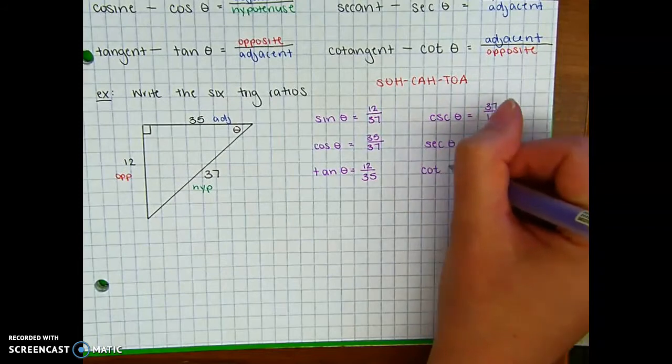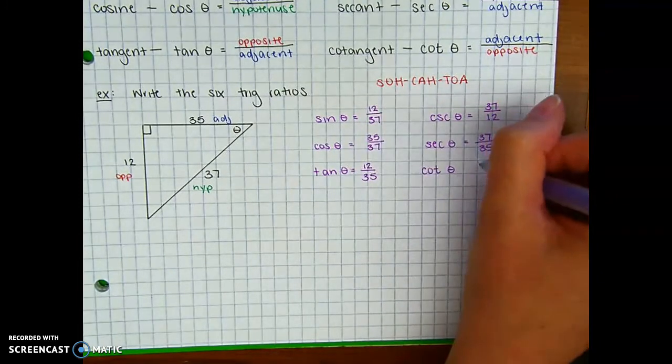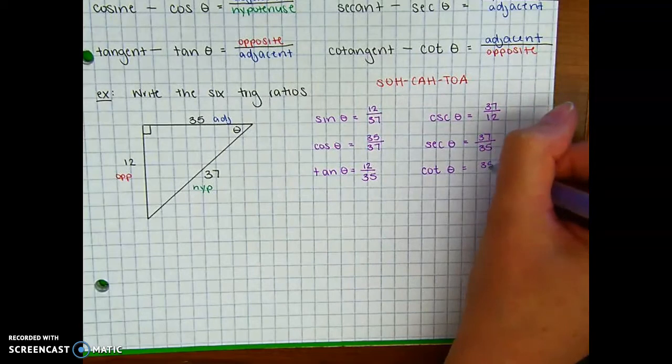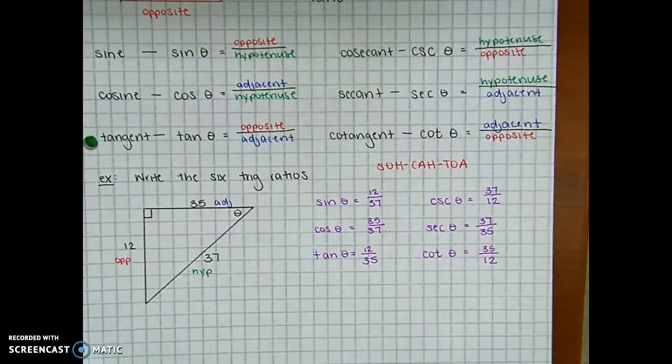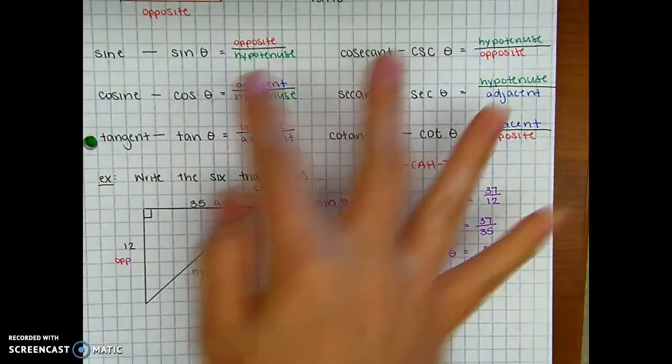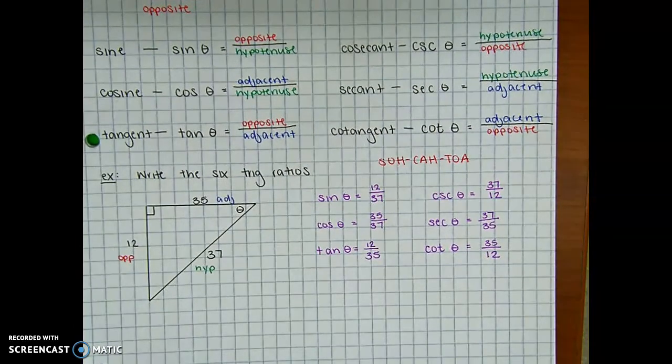And cotangent is the reciprocal of tangent, and that's going to be 35 over 12. And that is it. So those are the 6 trig ratios, the definitions, and then applying them. There are other kinds of problems you'll have, and we'll practice that together.